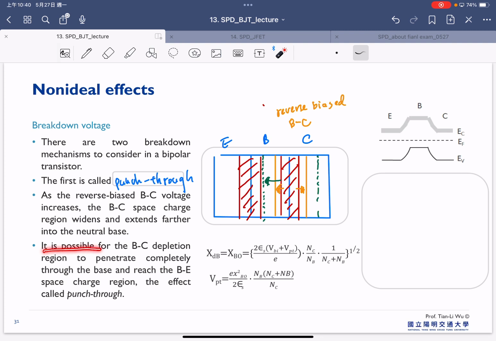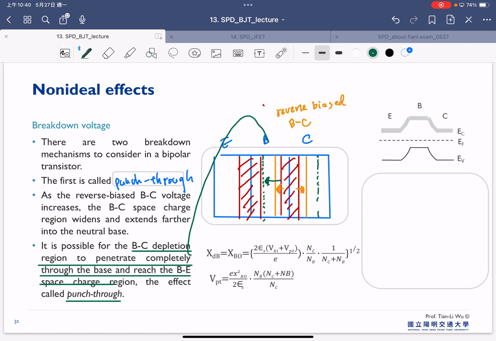So it is possible for the BC depletion region to penetrate completely through the base and reach the BE space charge region. And this phenomenon is what we call punch through, which is this one. So that's possible to lead to punch through.